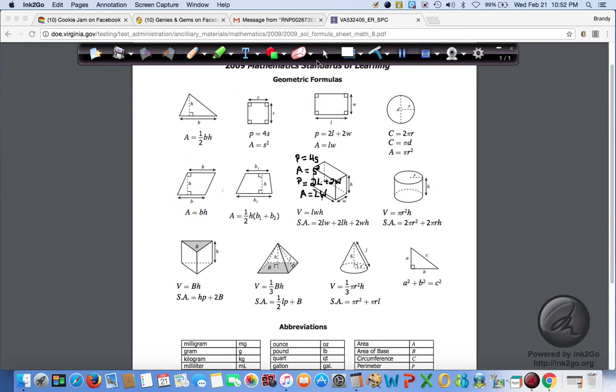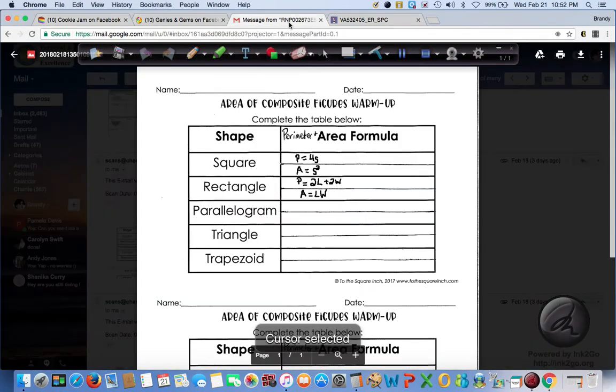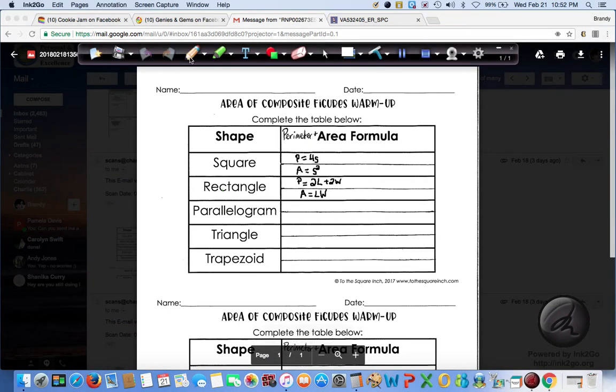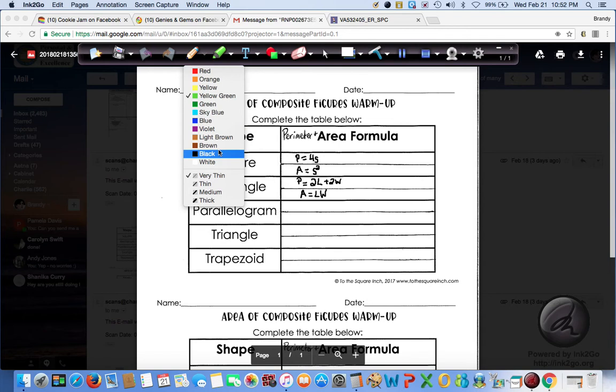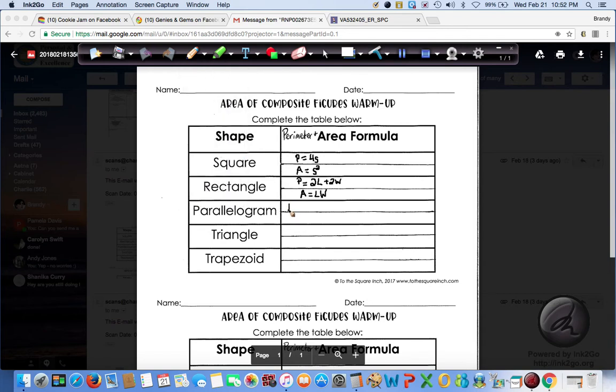Here we go. If we go back to our table, when we're talking about perimeter, you're going to fill this in as perimeter equals the sum, because remember in math, sum means add, the sum of all sides.